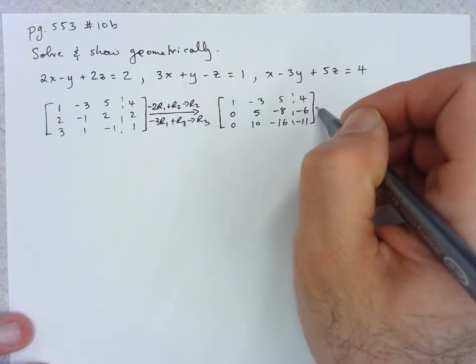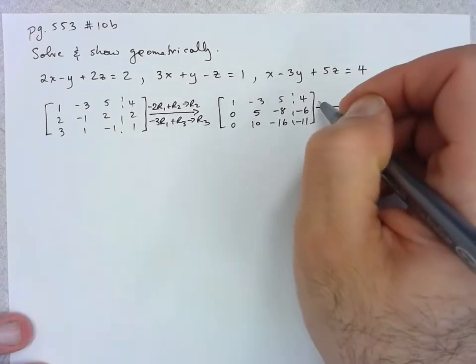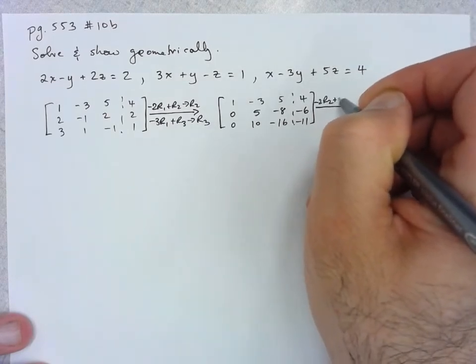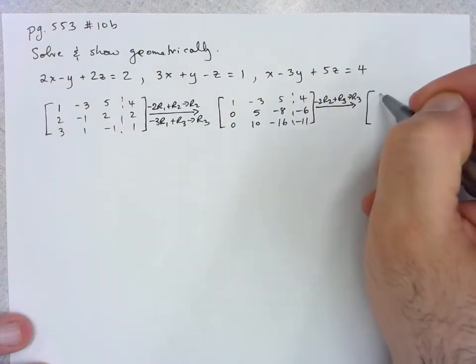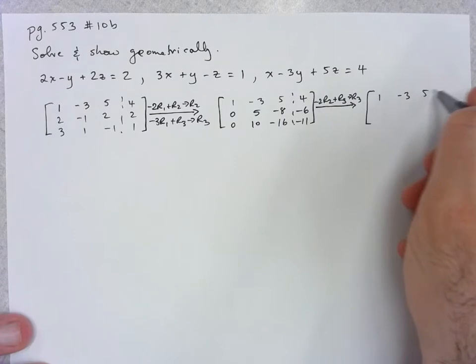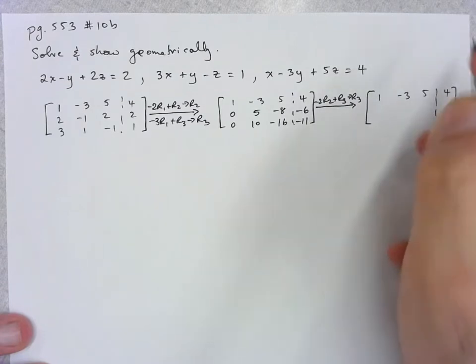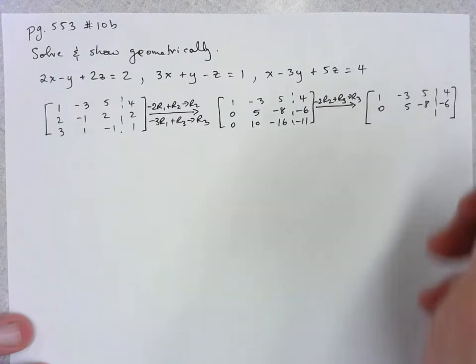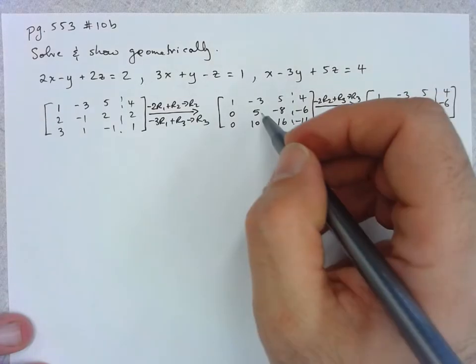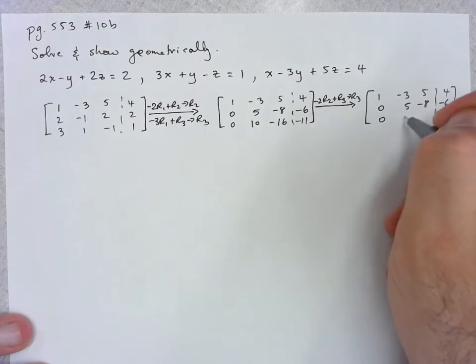Okay, but just to show my work here, I'm going to take -2 times R2 and add that to R3, replace R3, and what we end up with here, 1, -3, 5, and 4. Okay, here we have 0, 5, -8, and -6, and now I've got 0. Okay, -10 plus 10 is 0.